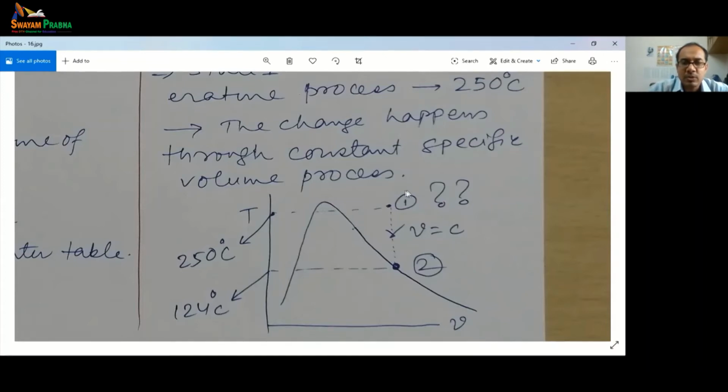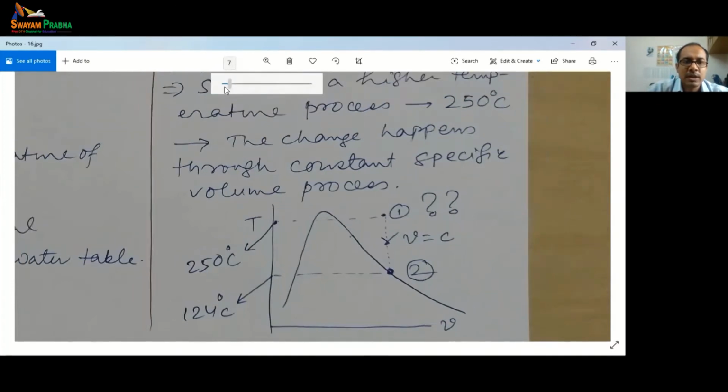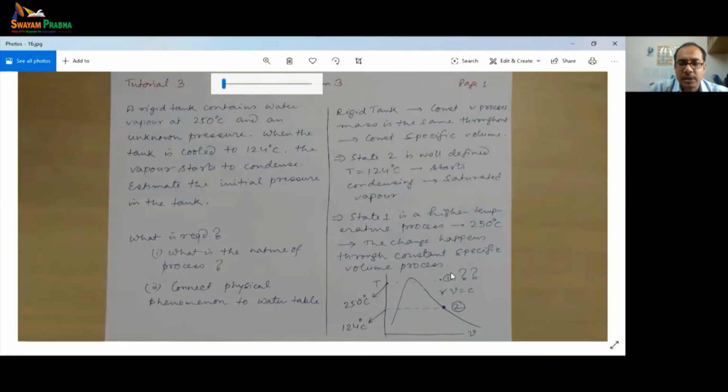So for state 1, we know the temperature is 250 degrees centigrade, and we know that the state is superheated vapor, right? So that is how we can now figure out the pressure for that particular state.